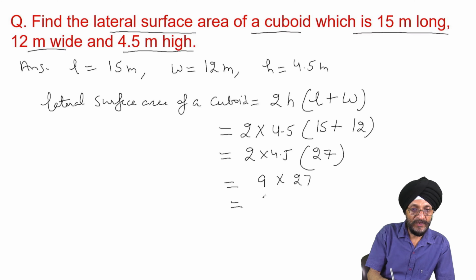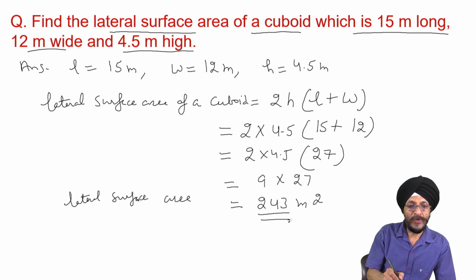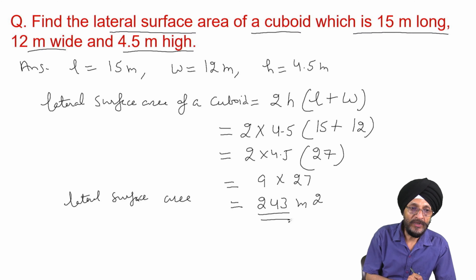And the answer which will come before us is 243 square meter. So the answer is: lateral surface area is equal to 243 square meter.